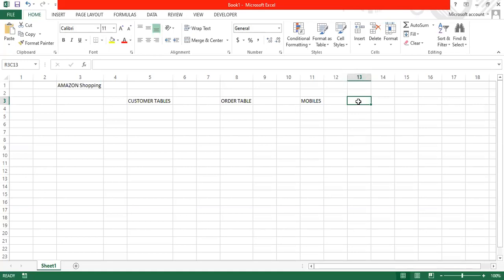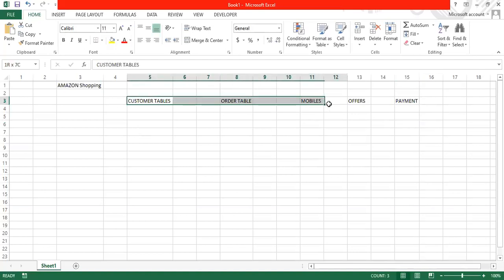So I'll create an offers table, wherein we will be refreshing this data. And payment related information, before placing an order, I have created in one of the tables. Now, with the help of SQL, I have created 5 tables.